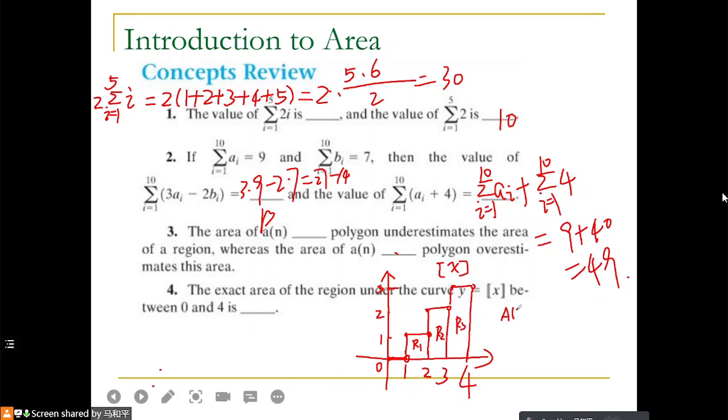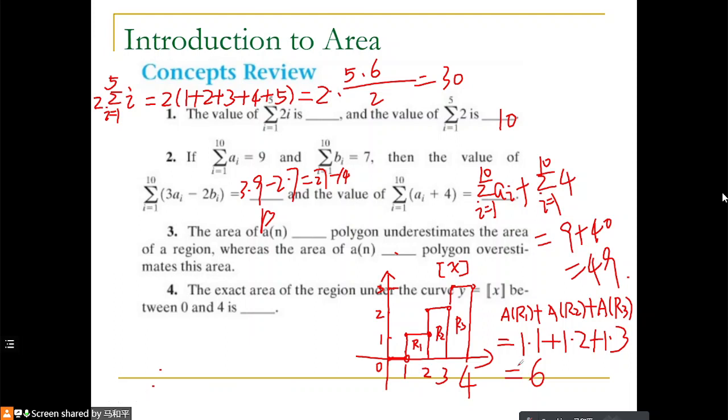So A(R1) plus A(R2) plus A(R3) is equal to the base times the height: the base is 1 times the height 1, plus the base 1 times the height 2, plus 1 times the height 3. So it's equal to 6, right? It's equal to 6. Let's check your answer. 6.